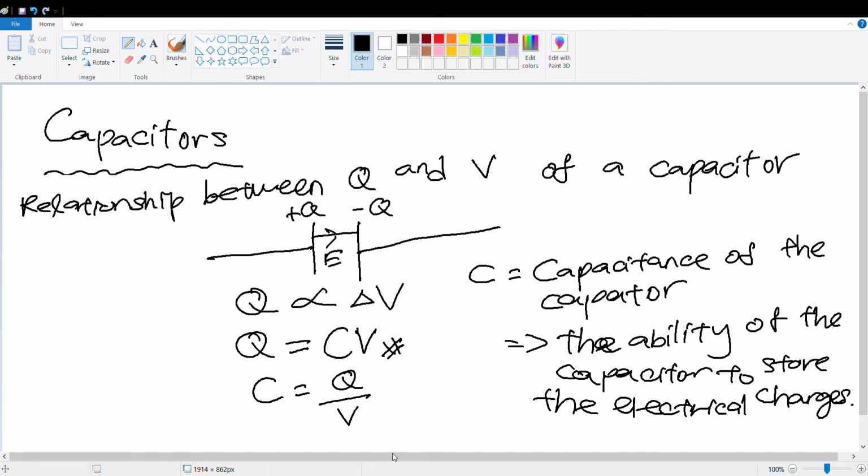So this is the explanation for the capacitance of the capacitor.